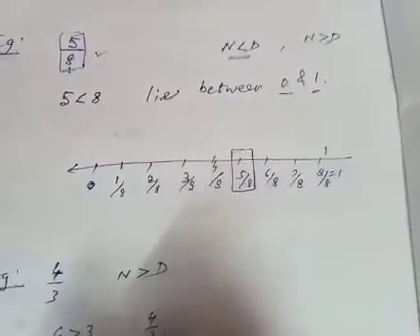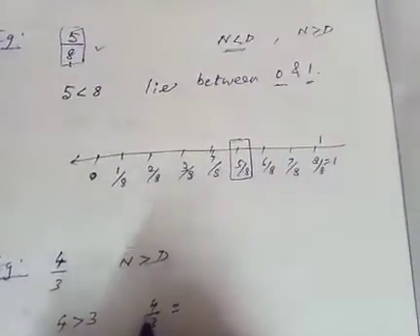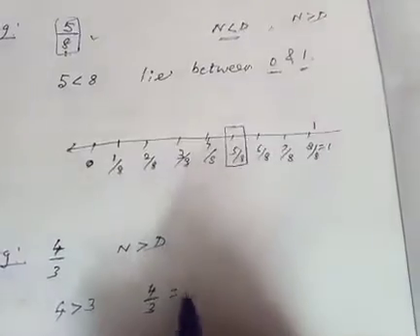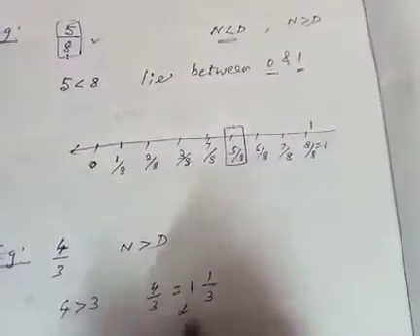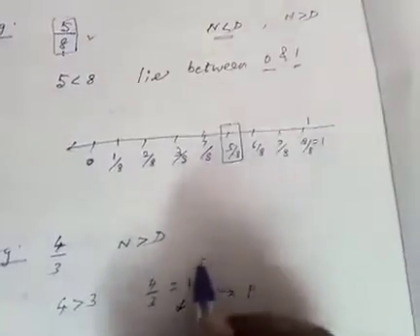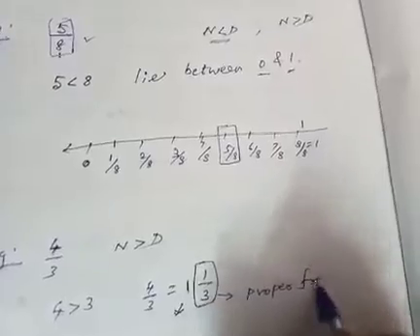First we convert the improper fraction to a mixed fraction. 4 by 3 as a mixed fraction is 1 and 1 by 3. So 1 is the whole part, and 1 by 3 is a proper fraction.